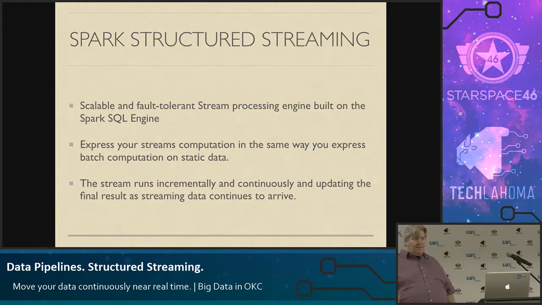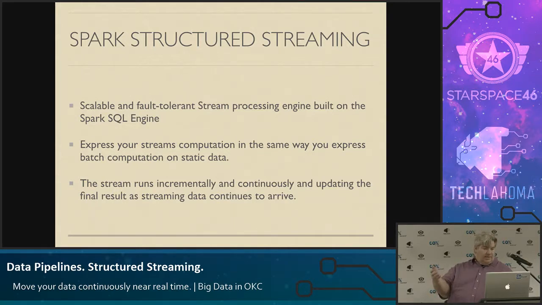The beautiful thing about Spark Structured Streaming, and the thing we love about it, is that it's using the Spark SQL engine. It's a very, very powerful engine for transforming, enhancing, improving, querying, aggregating, that kind of thing. The beauty of it is it's running all the time, continuously.